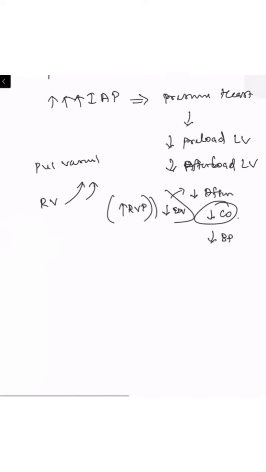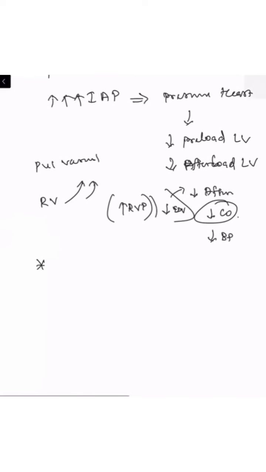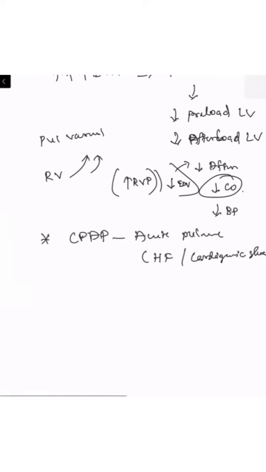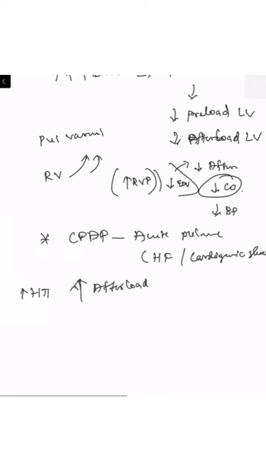But the same principle is the basis for CPAP being superior in treating acute pulmonary edema. How? In acute pulmonary edema, congestive cardiac failure or cardiogenic shock, it is helpful, but not in other kinds of shock. In congestive cardiac failure, the problem is increased afterload because of a hypertensive emergency.